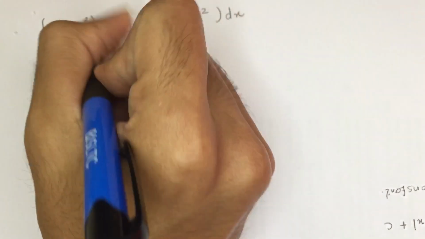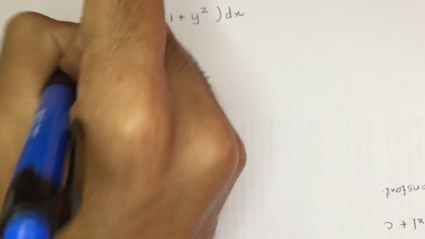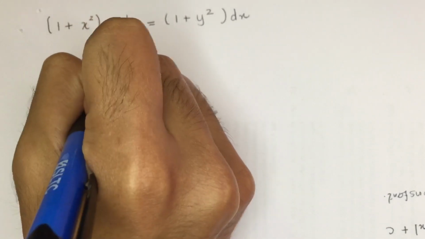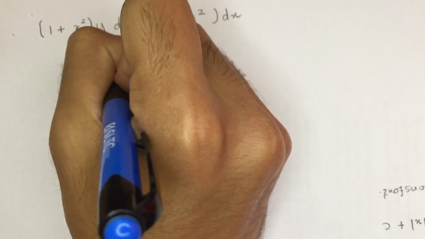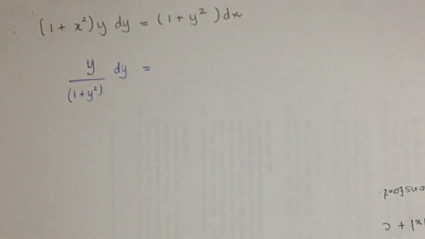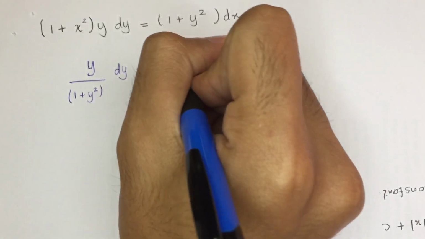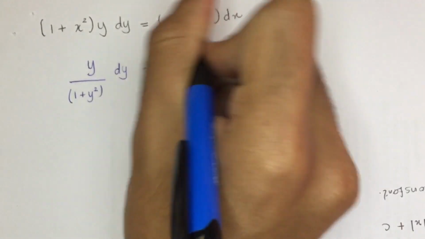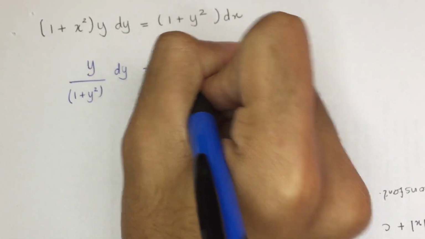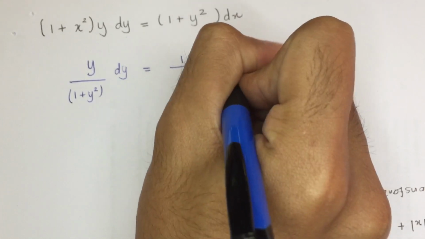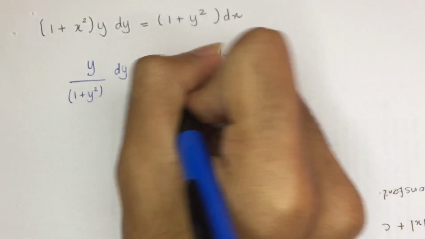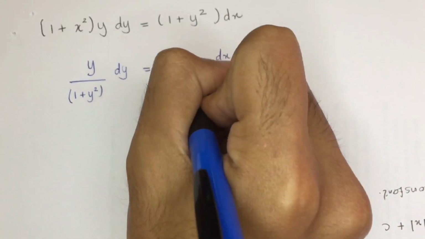So if I do so, I'm going to get y over 1 plus y² into dy on one side, and on this side, 1 into dx divided by 1 plus x².